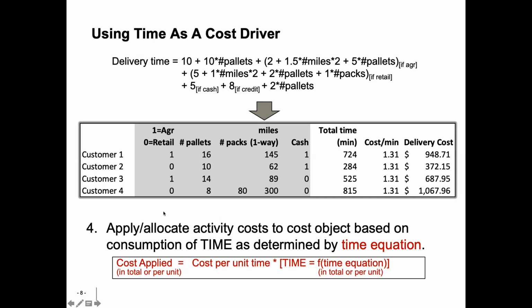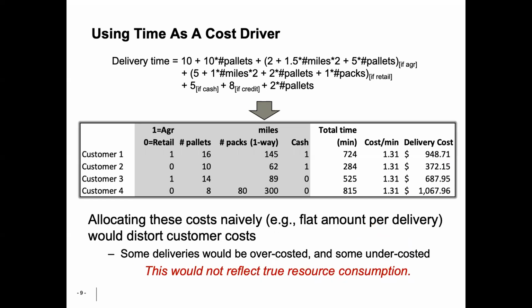Next step is to apply or allocate these activity costs to cost objects based on consumption of time as determined by the time equation. So we have applied this particular cost for each of these customers. That's how allocating this cost helps in understanding the diversity of the customers as against having a flat amount per delivery, which was relatively naive in terms of allocation.